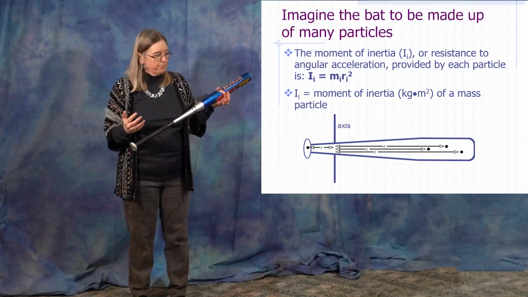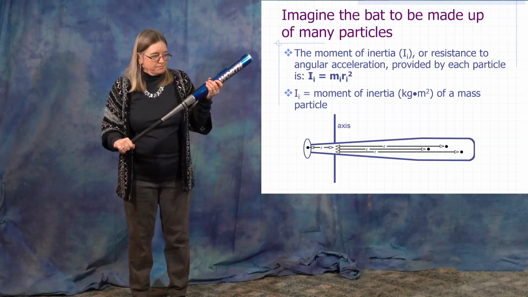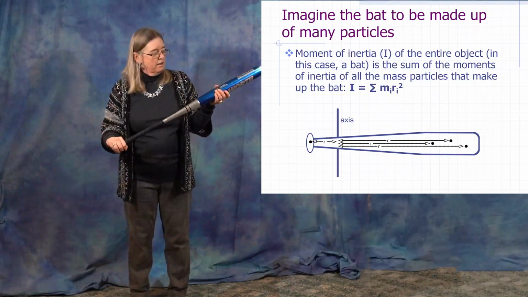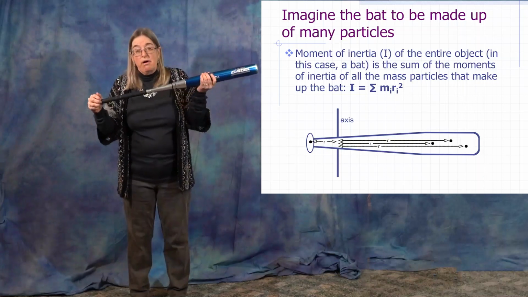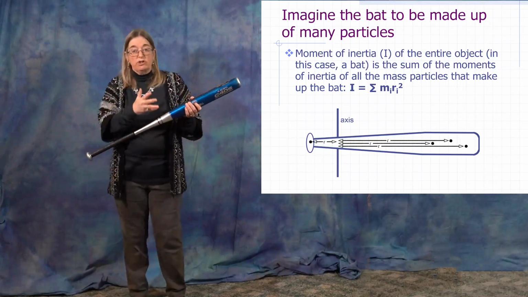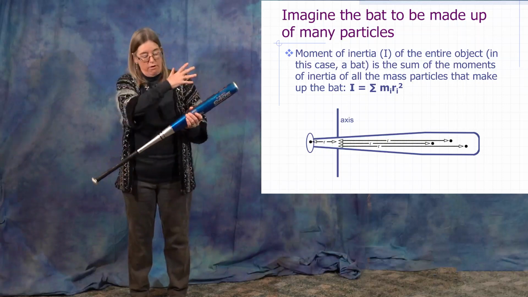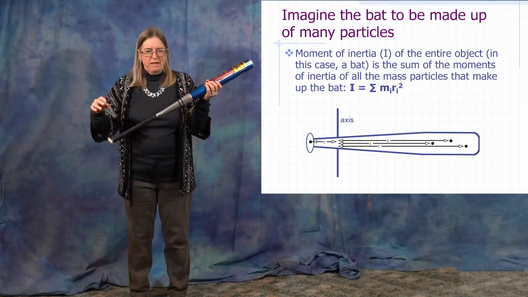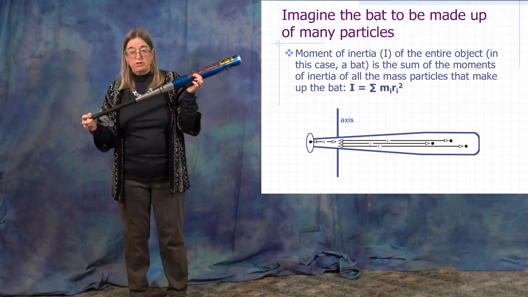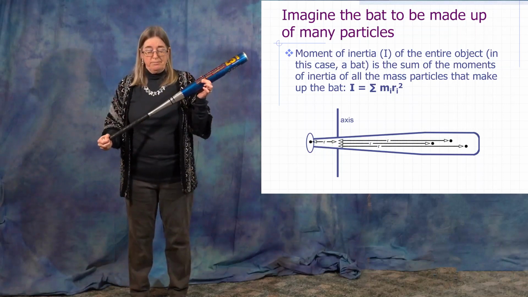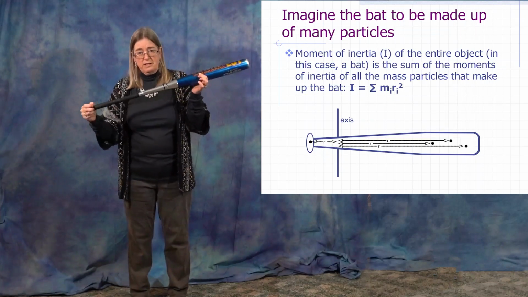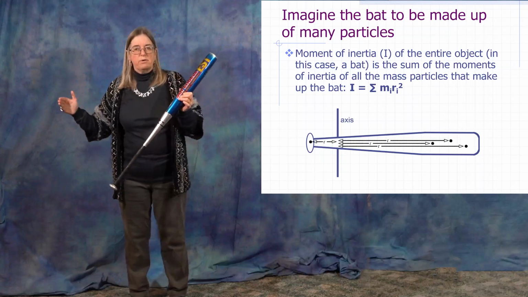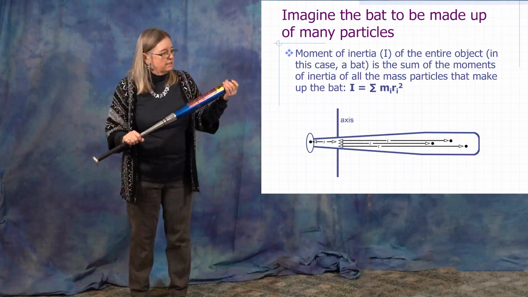That's for each particle. If I want to look at the moment of inertia of the whole bat, I literally need to add up all of the moments of inertia of each of those particles. So however many particles this bat was made into, I figure out the moment of inertia of each one of those particles, which is the mass times its individual radius squared, and I add each of those moments of inertia for each of the particles together.